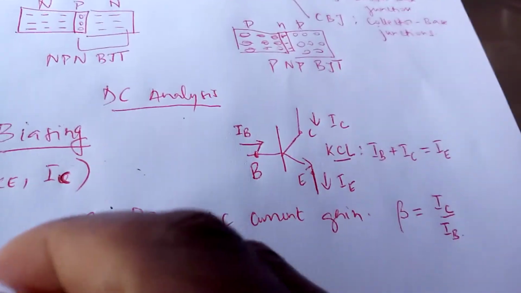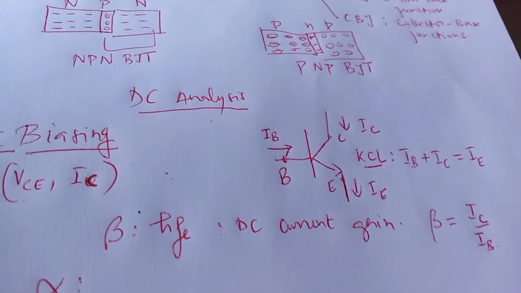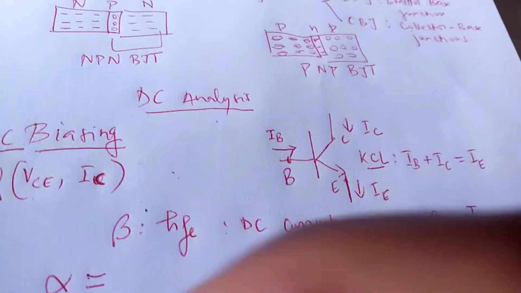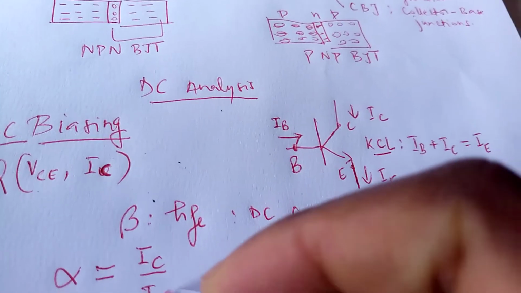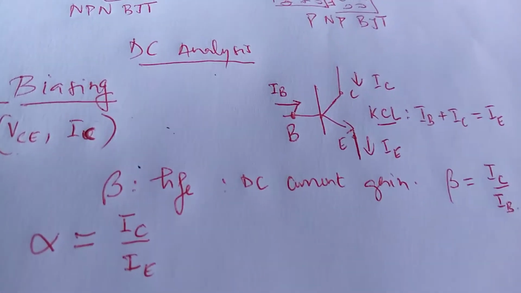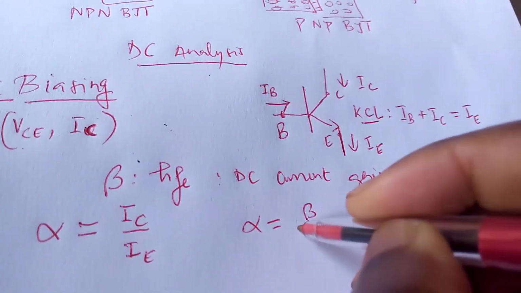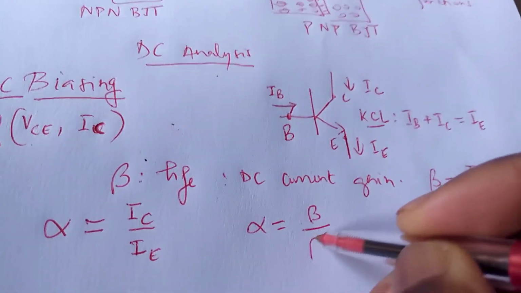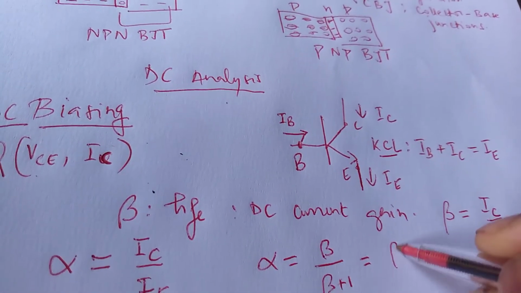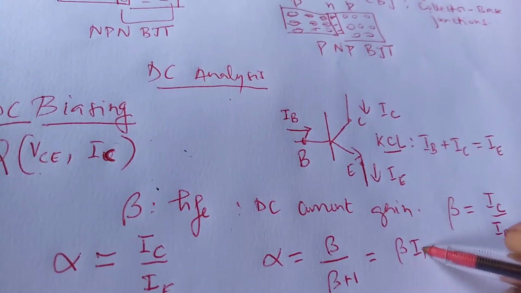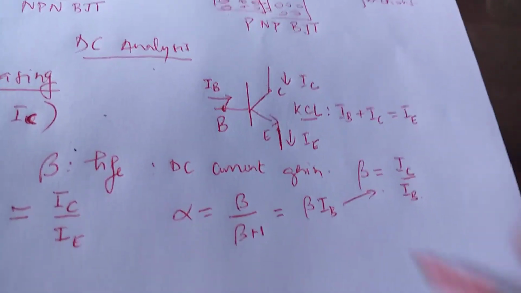At the same time, you've also defined in Electronics 1 a parameter called alpha, which relates the collector current to the emitter current. Thanks to these two definitions, you were able to establish the relationship between alpha and beta as alpha equal to beta over beta plus 1. Alpha is IC over IE, and IC is beta IB, based on the definition of beta.